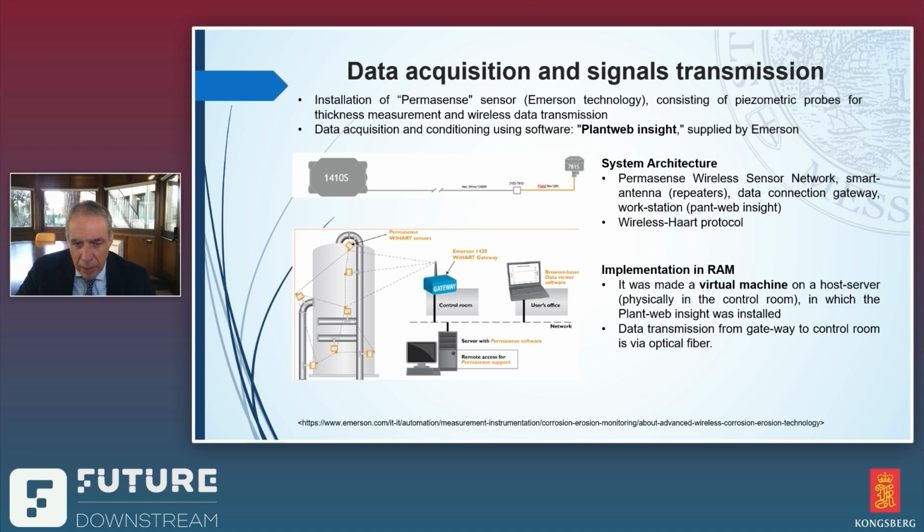So the gateway acquires the signals from each of the components of the probes, because they talk to each other, as I said before. And from the control room, there is a virtual machine on a host server, and the program, which is called the Plant Web, is installed on this virtual machine. And then there is the data transmission from the gateway to the control room via optical fiber.